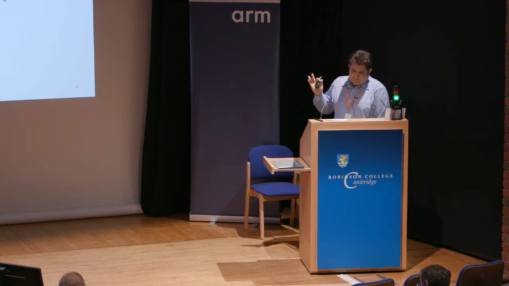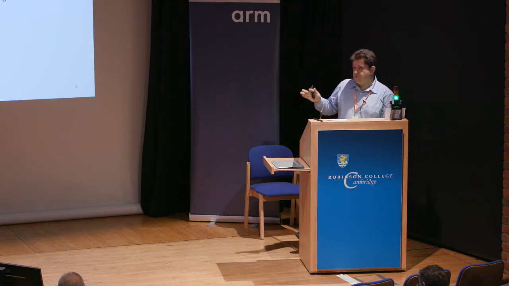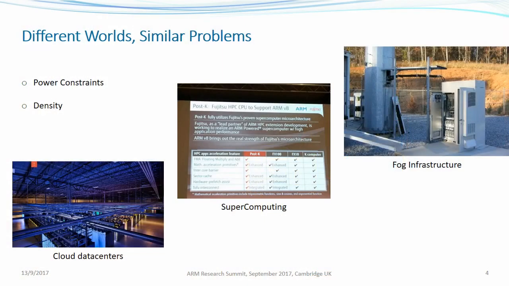As I said, in edge computing, and actually it is the main focus of the UniServer project, we need to have power efficiency. Of course, it's not a new problem. It's a common problem spanning all architectures from large data centers, supercomputing, and of course, the fog infrastructure.